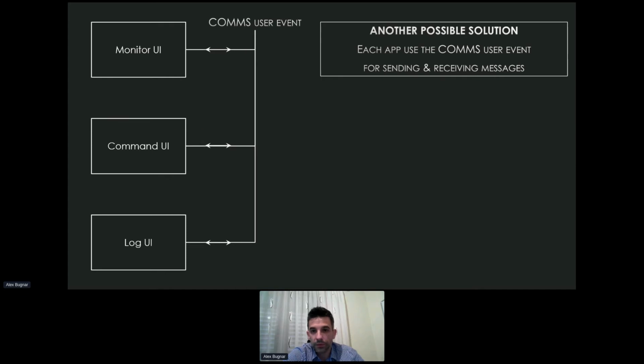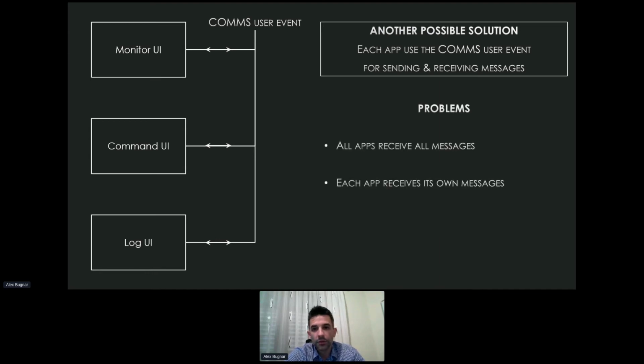Another possible solution would be to have each app use the existing comms reference in order to send and receive messages. Of course, for this, you would need to modify the data field of the event to include, for instance, the name of the sending application and the receiving application.